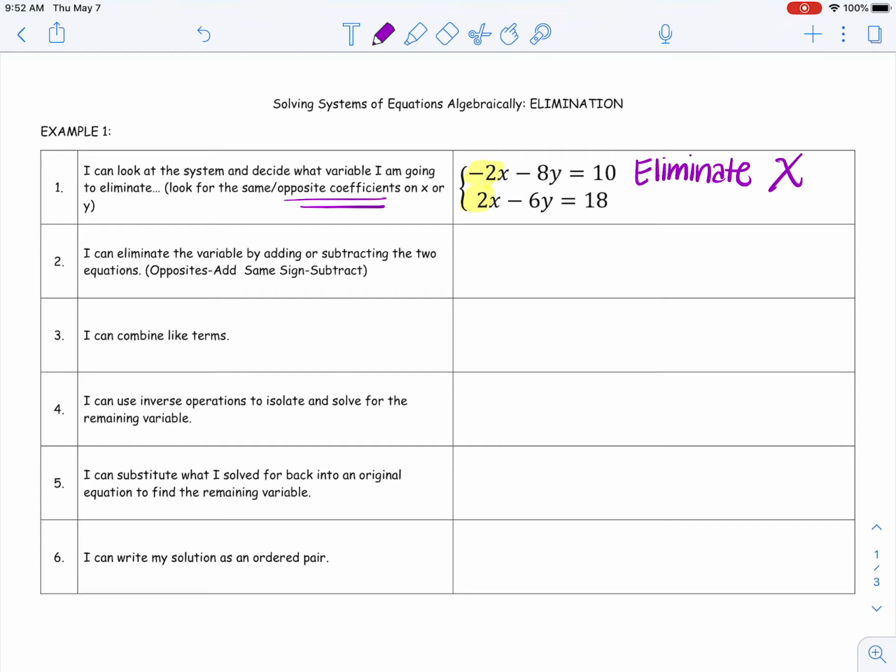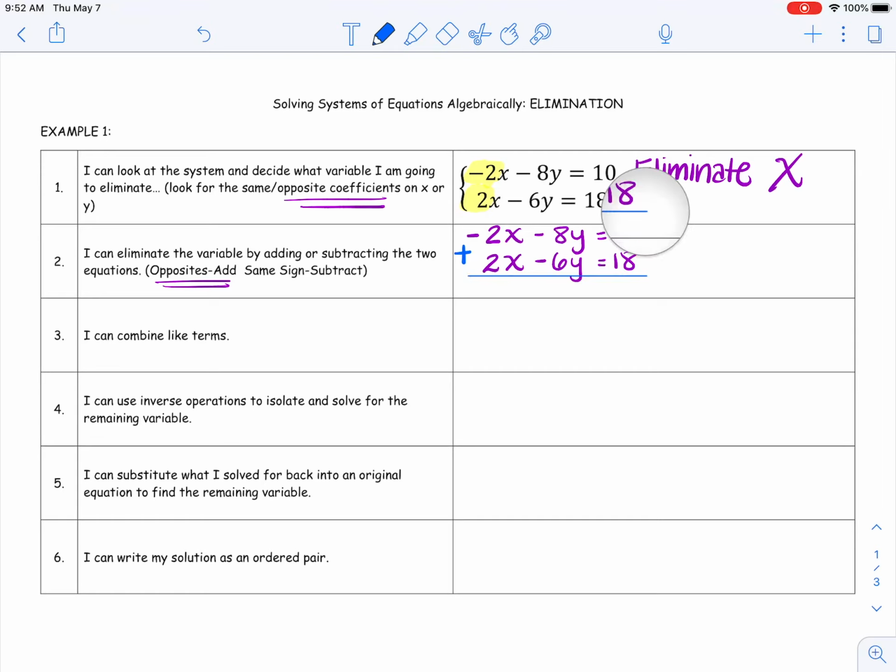Okay, so being that the -2 and the 2 are opposites, we are going to add the two equations. So I have -2x minus 8y equals 10, and my second equation is 2x minus 6y equals 18. I am going to be adding these two equations since we have opposites, okay?